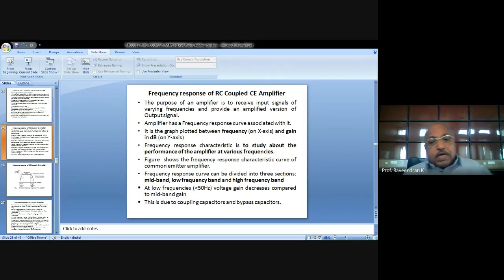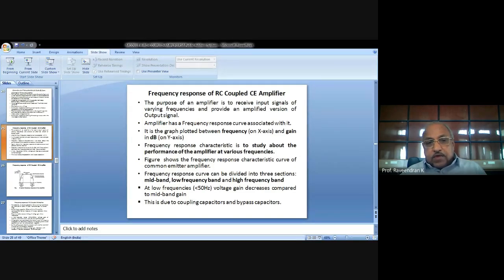Okay. Now we have a typical frequency response curve here. I will show you the important or salient points in a frequency response characteristic. Any frequency response characteristic curve is like this. This is the frequency response characteristic curve.